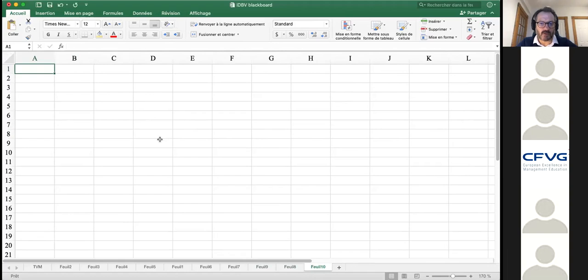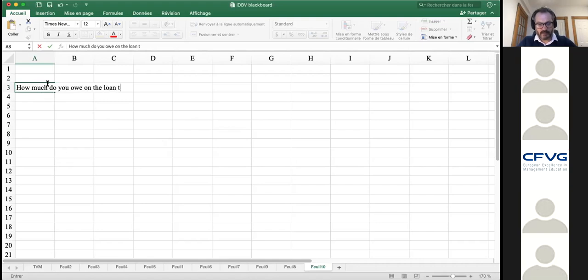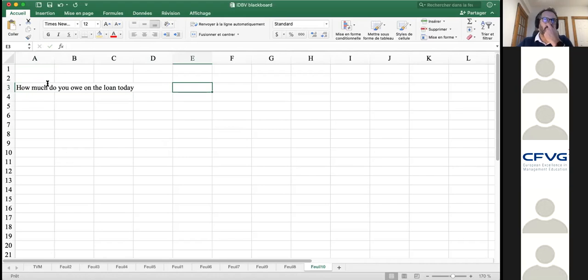How much do you owe on the loan today? Well, this is something we know how to calculate, and this is maybe what Chang was trying to say, but it's not exactly this.